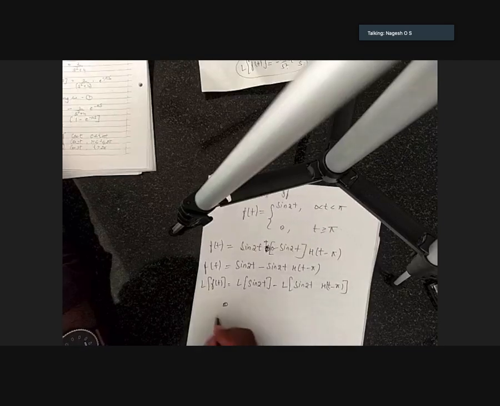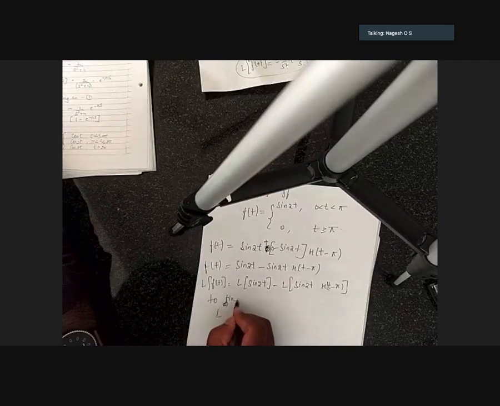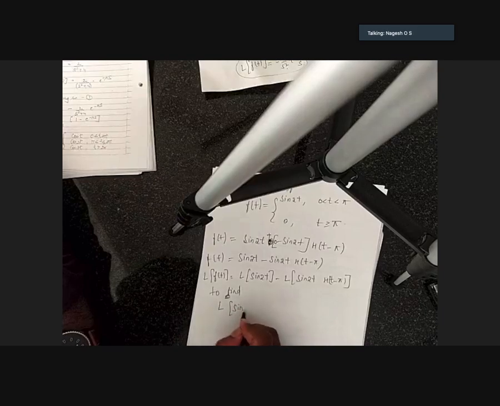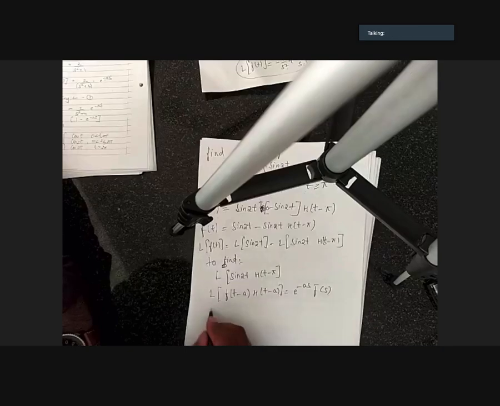To find L of sin 2t h of t minus pi, we know that L of f of t minus a h of t minus a is equal to e power minus as f bar of s. Here, L of f of t minus pi h of t minus pi, we need e power minus pi s f bar of s.